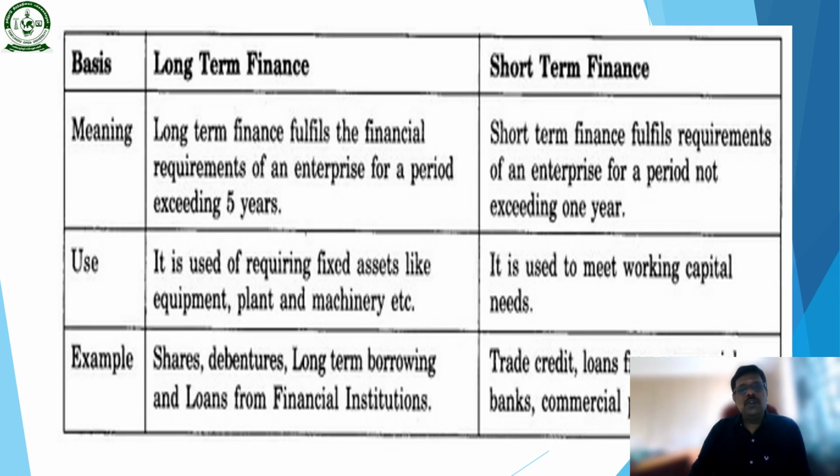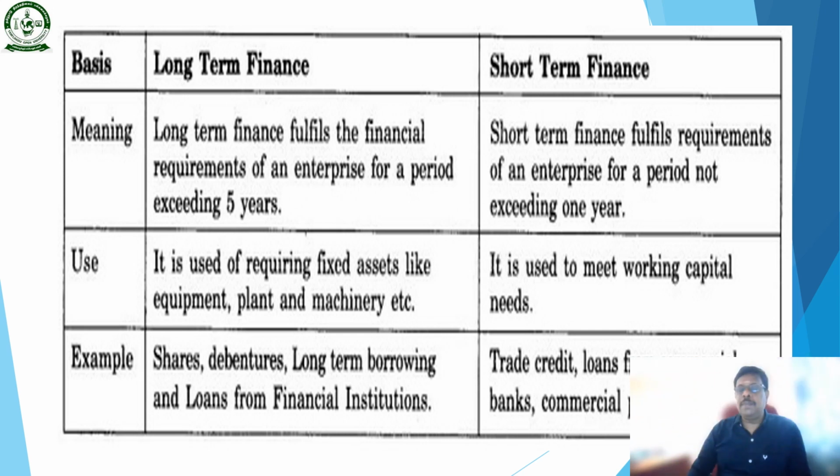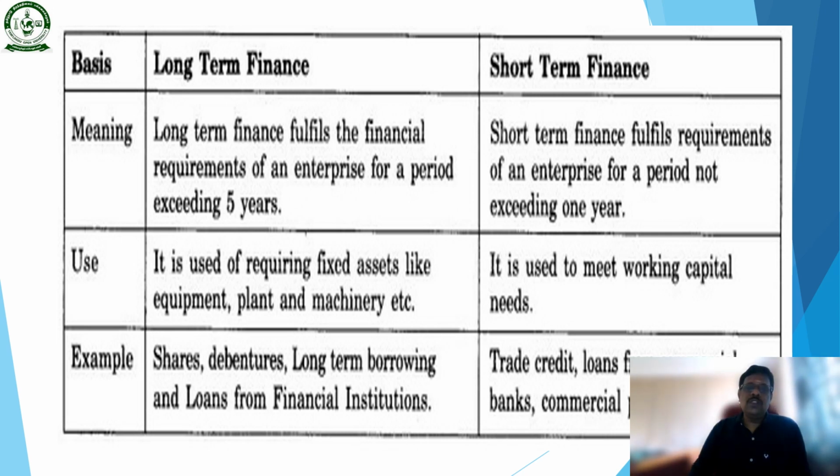Here, we are going to see in an elaborate manner long-term finance and short-term finance. The long-term finance fulfills the financial requirements of an enterprise for a period extending beyond 5 years. Short-term finance fulfills the requirements of an enterprise for a period not exceeding 1 year. How is long-term finance used?